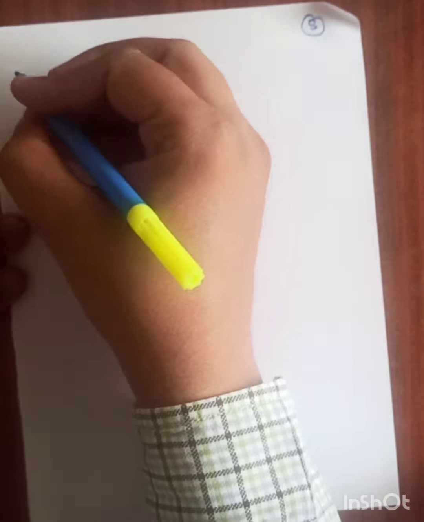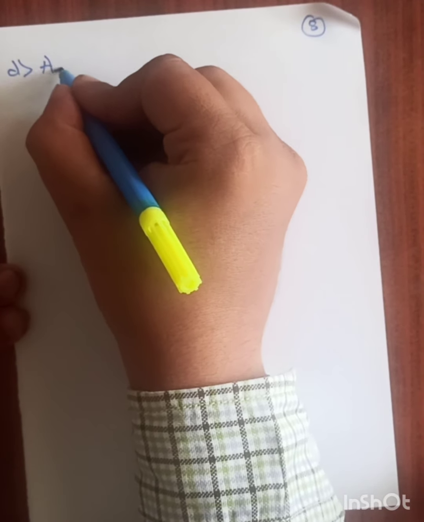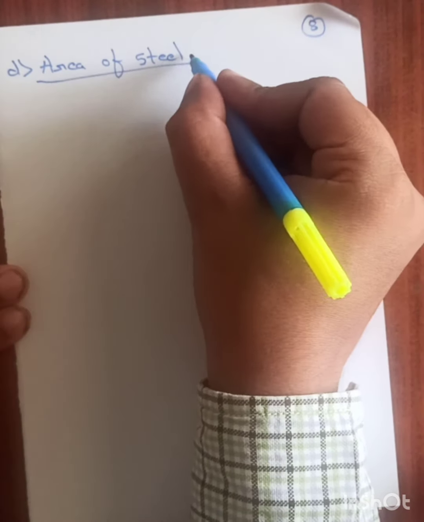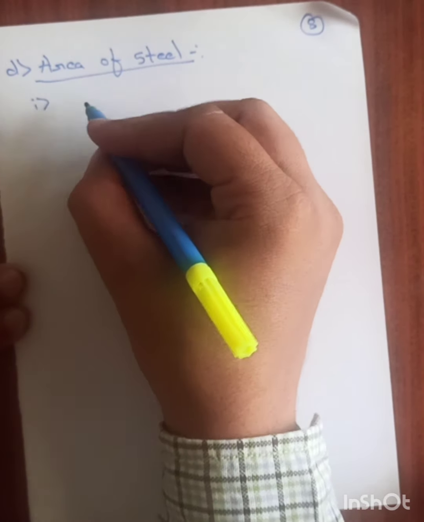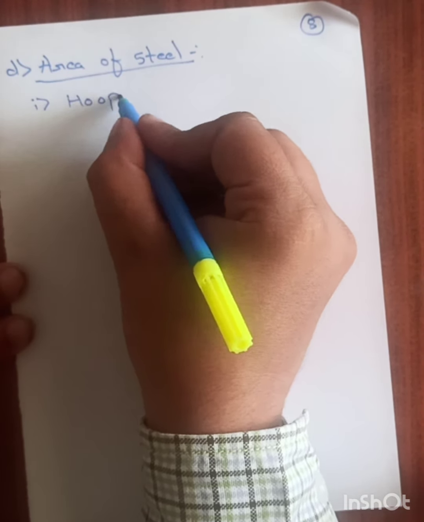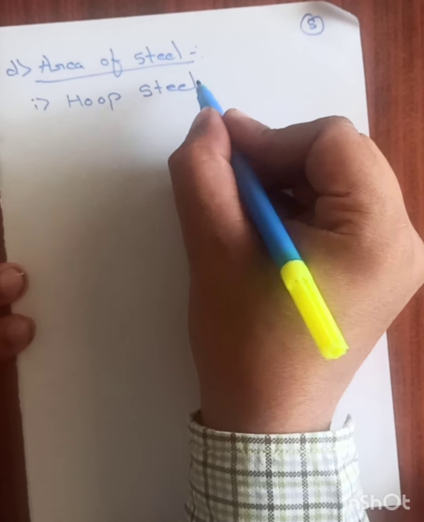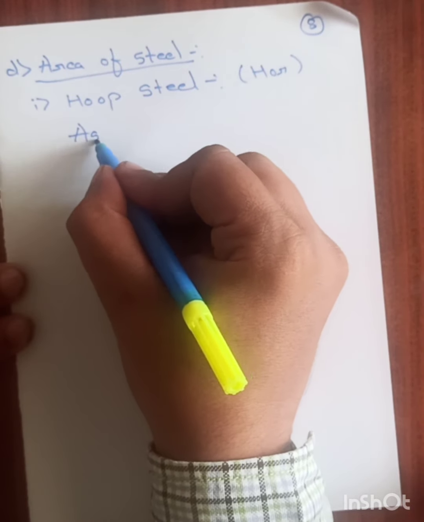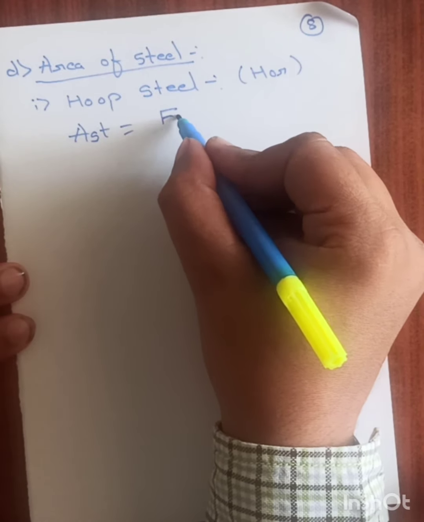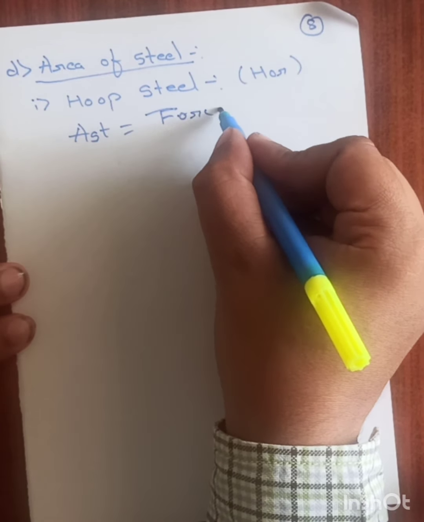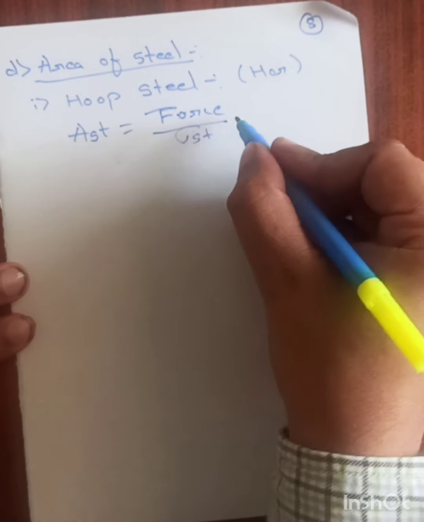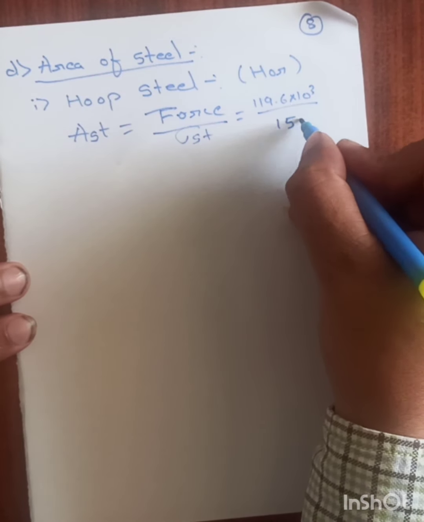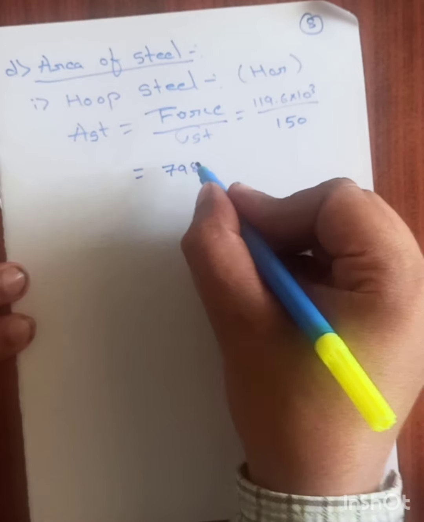Now let us find the area of steel. For hoop steel, that is horizontal steel, we have the formula for AST, that is tension force divided by sigma ST. We have 119.6 into 10 to the power 3 divided by 150, which comes around 798 mm square.